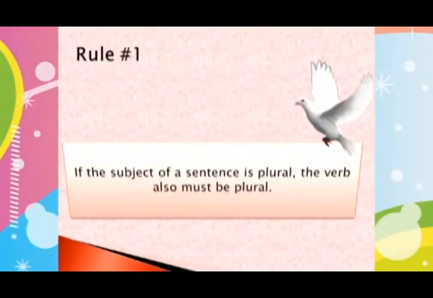There are a few rules that you must bear in mind when looking at subject and verb agreement. Take a look at the first rule. If the subject of a sentence is plural, the verb also must be plural.